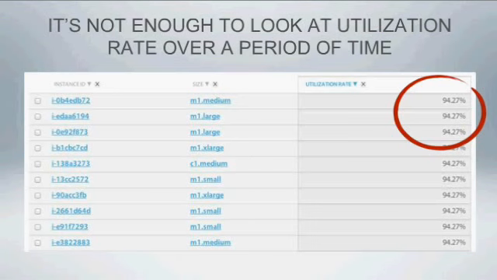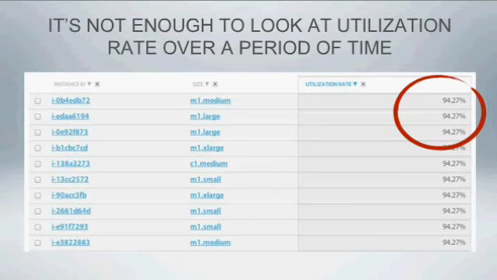So here's a screenshot of a report in our application that identifies various instances and shows their utilization rate. In other words, this is how many hours, in this case in a month, that instance is in a running state.